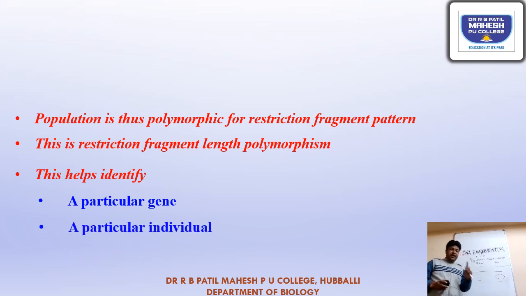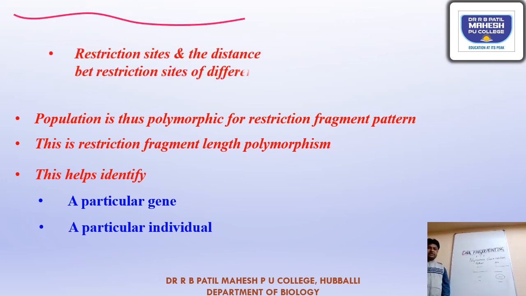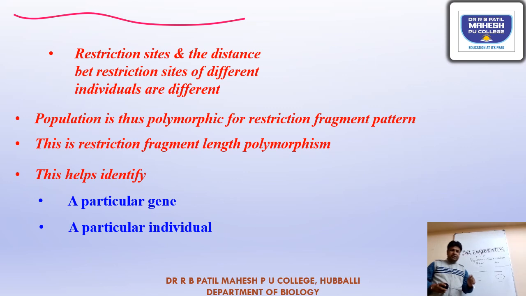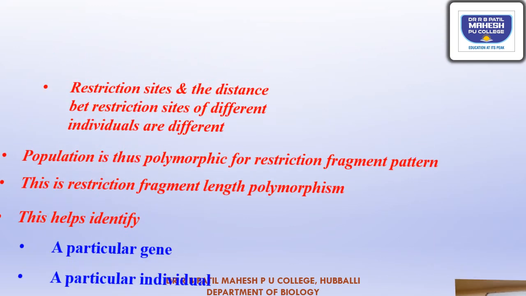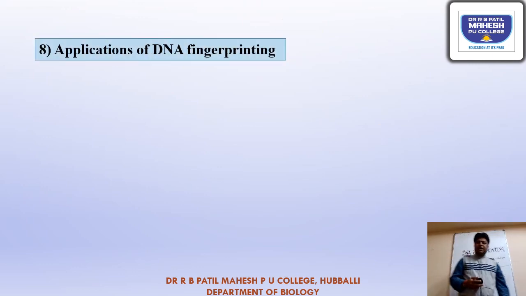So this helps in identifying particular individuals. The distance between the restriction sites of two different individuals is different. They are not similar. They are unique to a particular person.